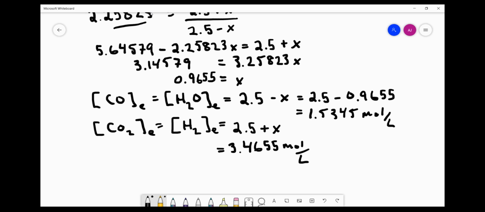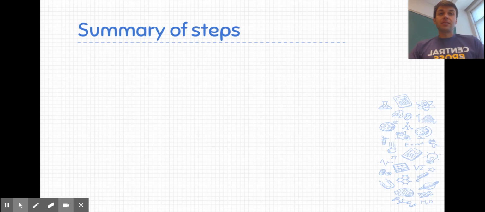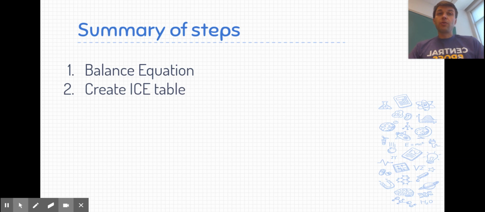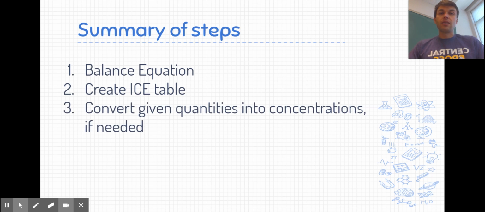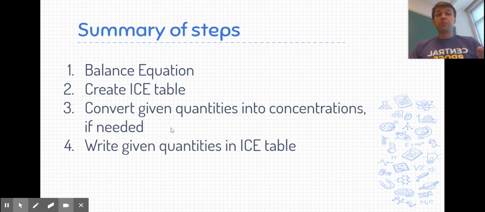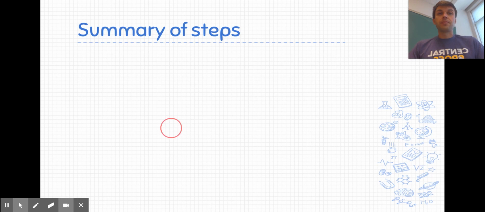Let's now summarize the steps we used to solve this problem. And as you can see, the first several steps are the same. We made sure we had a balanced chemical equation. And below that equation, we created an ICE table. We looked at the given quantities, and if needed, we converted them into concentrations. And then we took those values and placed them into the ICE table.